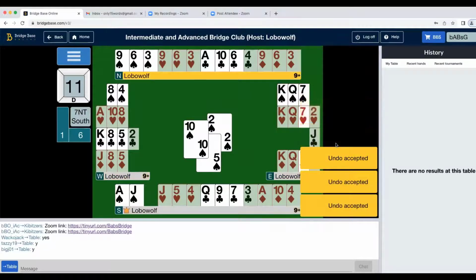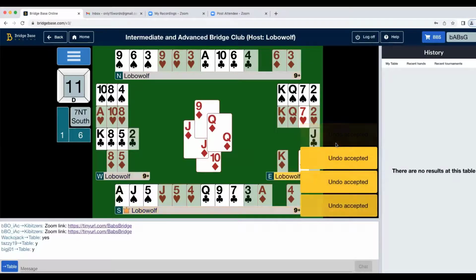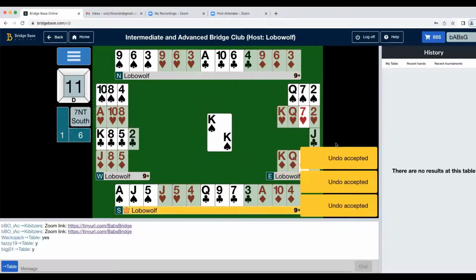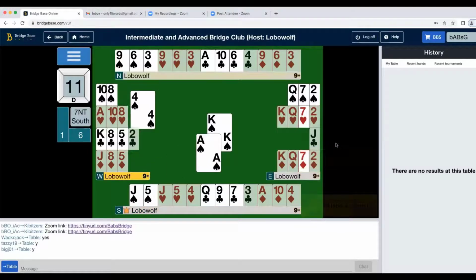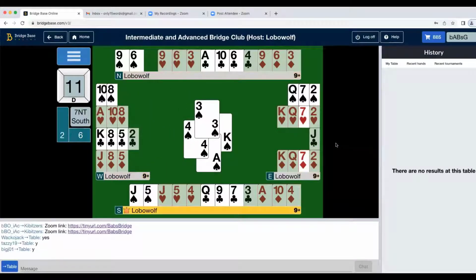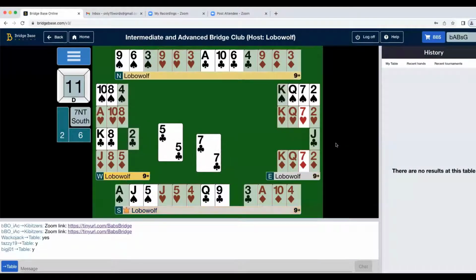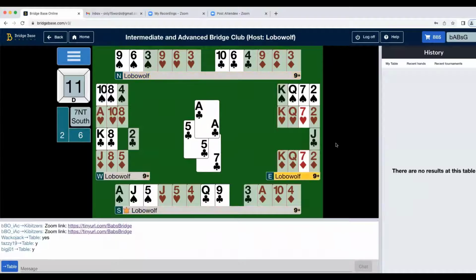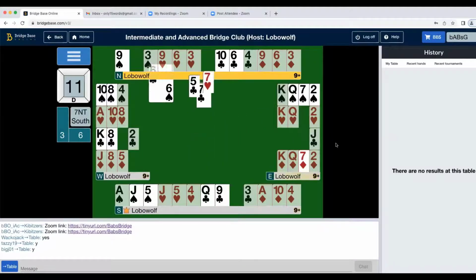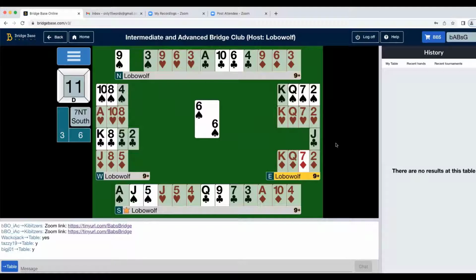But if East had played the king, yeah, you get that spade trick set up right away, but it's the only one you got because now declarer gets the ace and the jack.